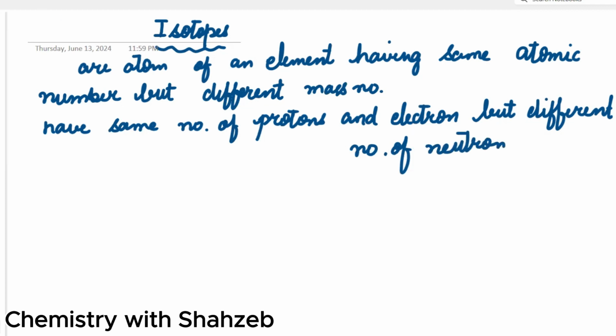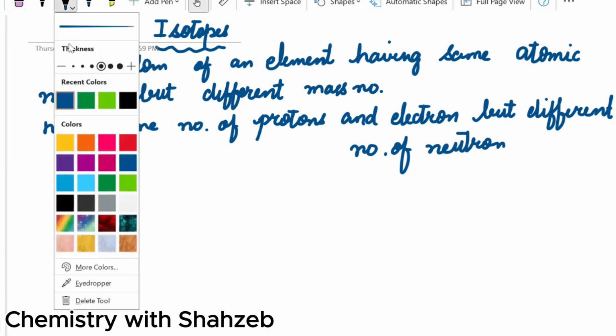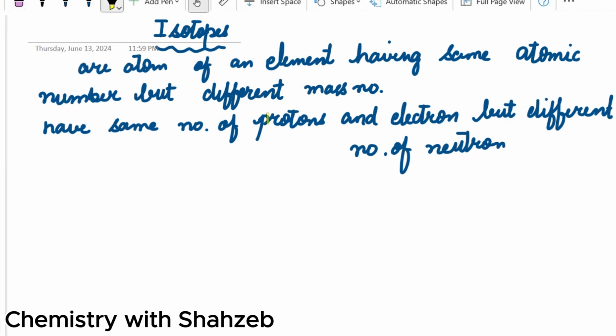This is an important thing that we must memorize, that they have the same number of protons and the same number of electrons, but a different number of neutrons.